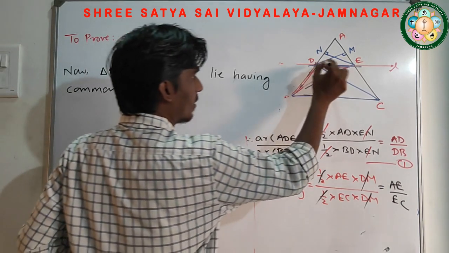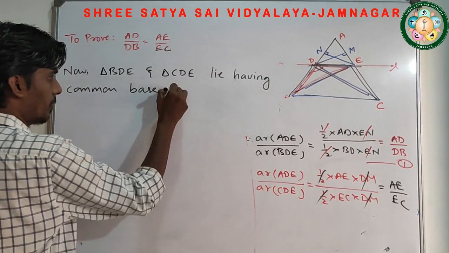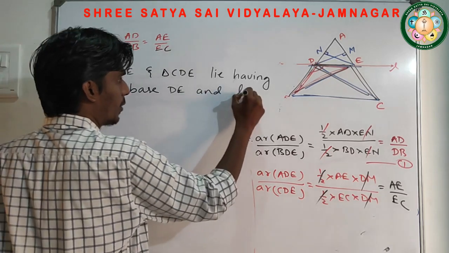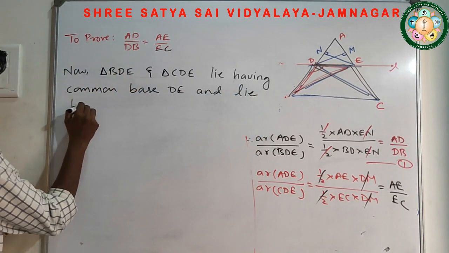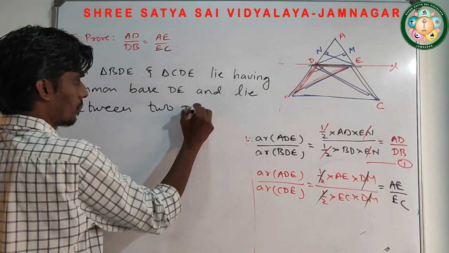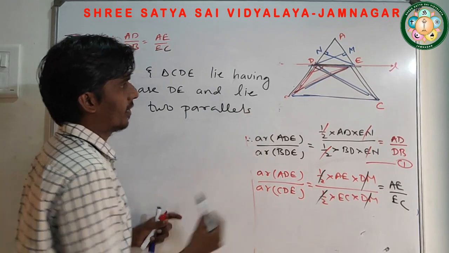Which is the same base here? DE is the same base, and they lie between two parallels. Which are the parallels?